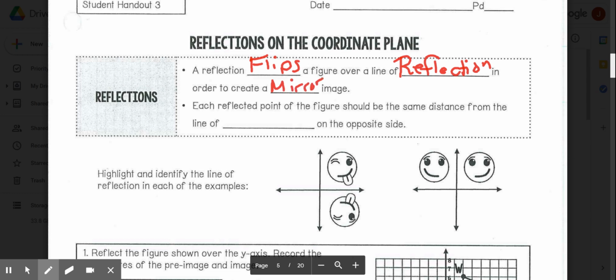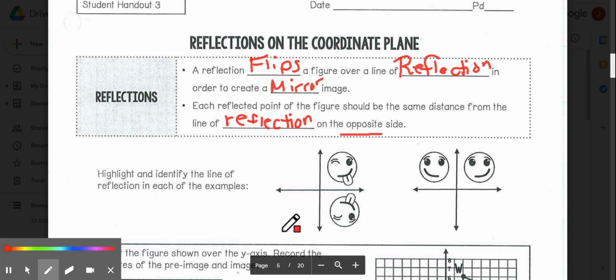Okay, so we're creating like a mirror image by flipping an image over a line of reflection. And each reflected point of the figure should be the same distance from the line of reflection, but on the opposite side. So on the opposite side of the line of reflection, it's just the same distance away.